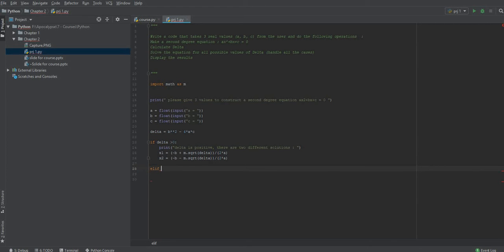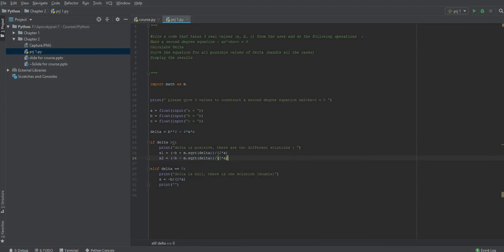The condition is delta has to be equal to 0. So if delta is equal to 0, print: delta is null, there is one solution, considered as a double solution. x equals minus b over 2a, and we need just to print this value.